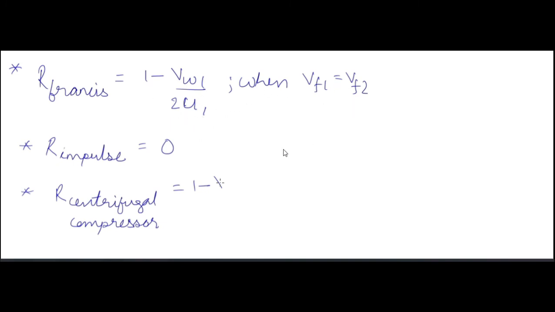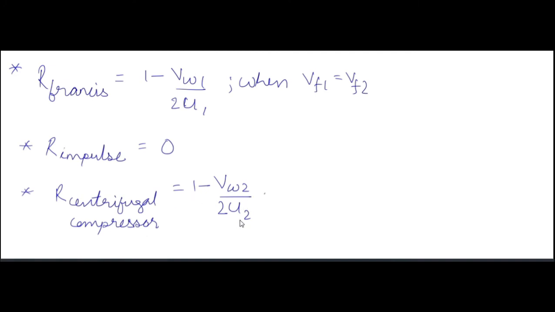Degree of reaction of an impulse turbine is equal to 0 because there is no pressure energy part in an impulse turbine. Impulse turbine is not a reaction turbine. Now degree of reaction of a centrifugal compressor is equal to 1 minus Vw2 by 2 U2.